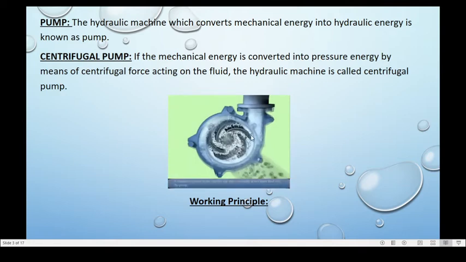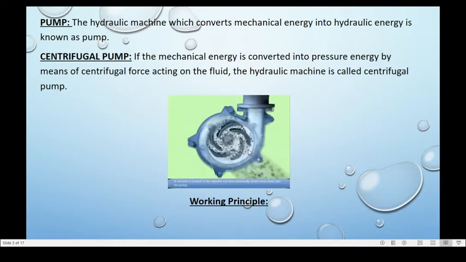So, this is a figure of a centrifugal pump. Here, the centrifugal pump works on the principle of forced vortex flow. So what does that mean? It means that when a certain mass of liquid is rotated by external torque or external force.